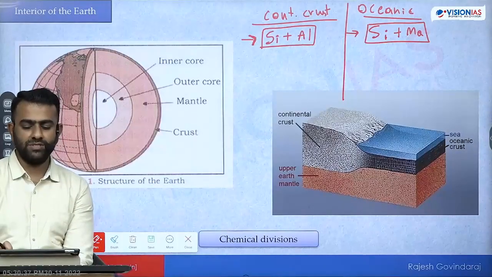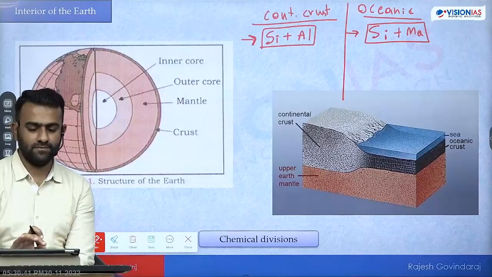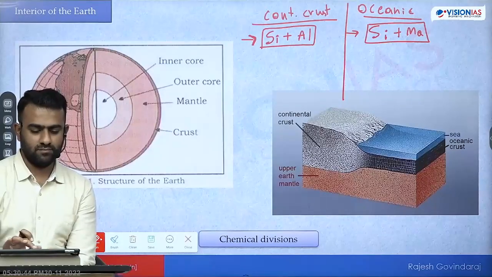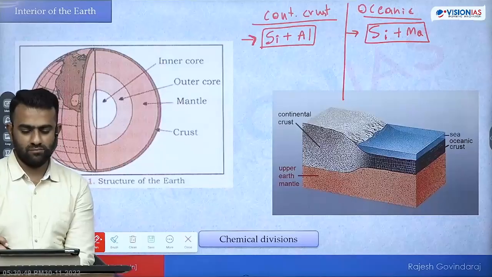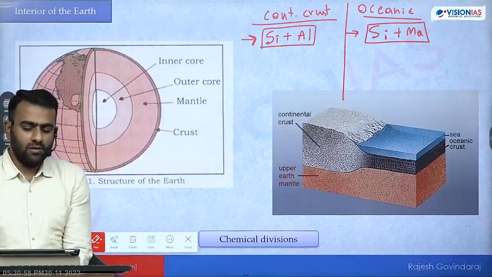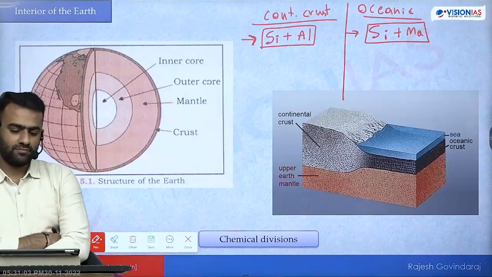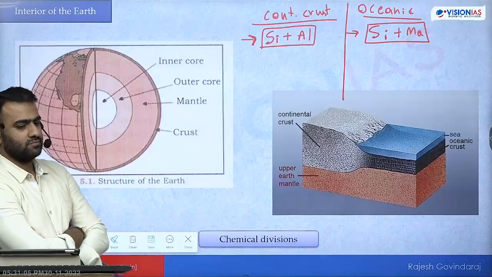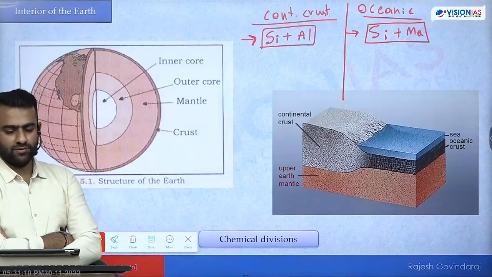The chemical divisions. First one, crust. First point, it is the uppermost layer of earth.